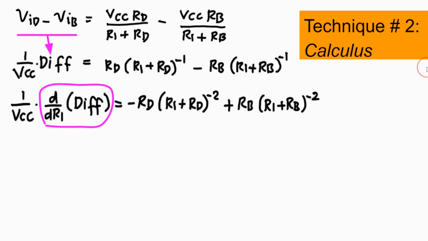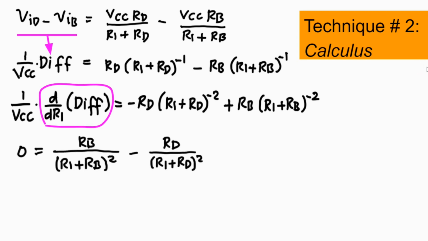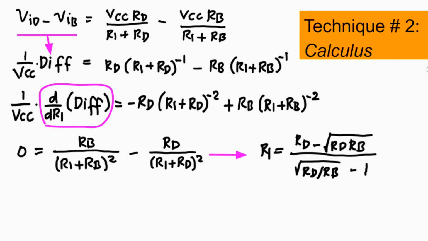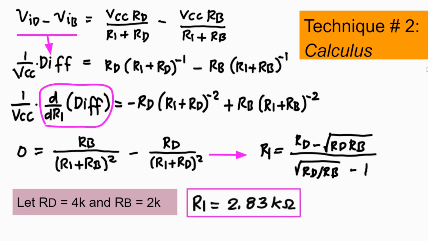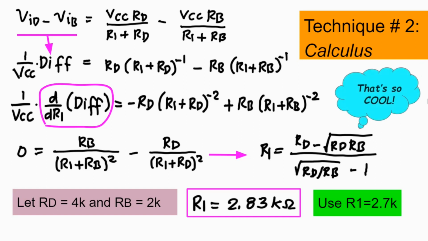Then equate it to 0. By a little bit of algebra, I get the equation for R1. Then I substitute the values for RD and RB, and I get R1 equals 2.83K. And the closest commercial value available is 2.7K. Notice how this result totally agrees with technique number 1.